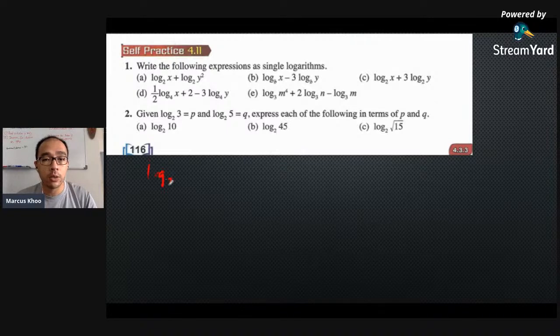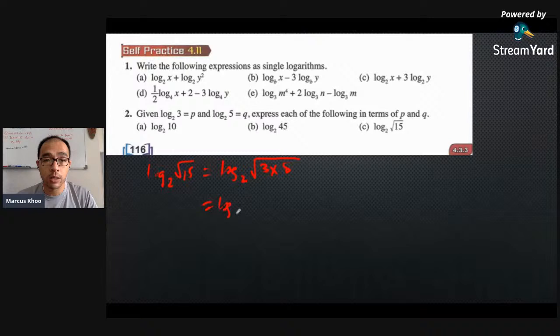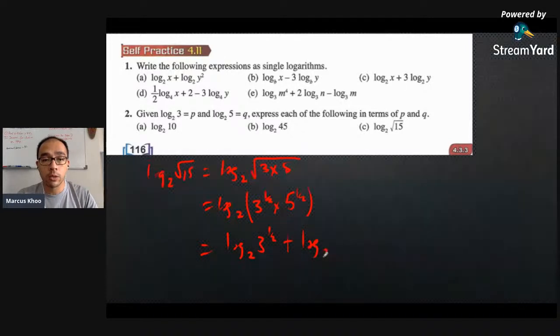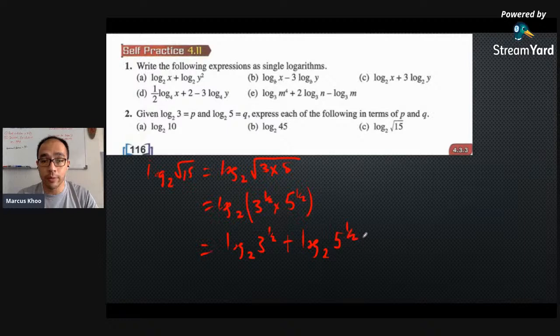So log 2 square root 15 is log 2 square root of 3 times 5. If I expand this further, this will be log 2 square root of 3 times square root of 5. So using the laws of log, I will get log 2 square root of 3 plus log 2 square root of 5.